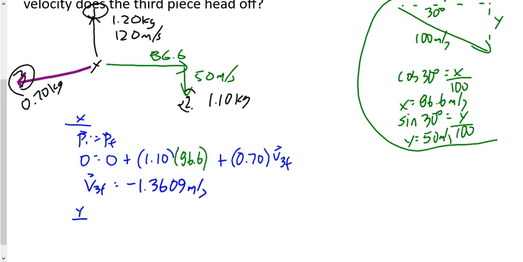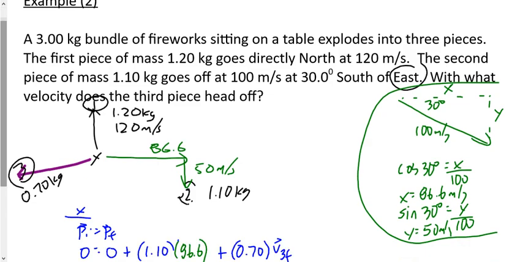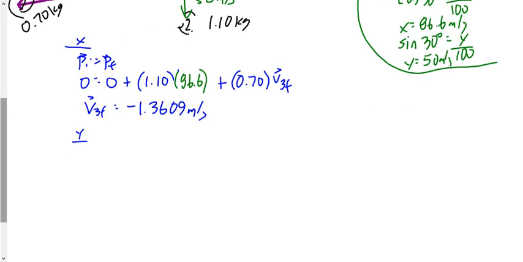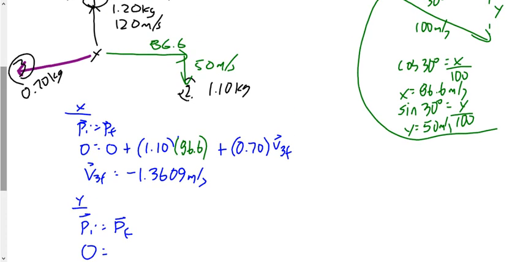And then we do the y components. We're saying pi is equal to pf. For the y component, 0 initial momentum equals 1.2 times 120, because that's all y component, plus 1.1 times what? Yeah, cool.